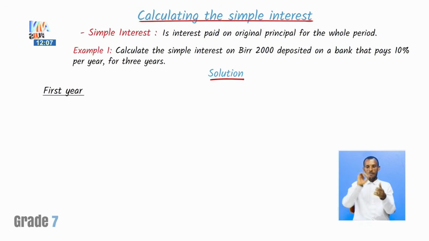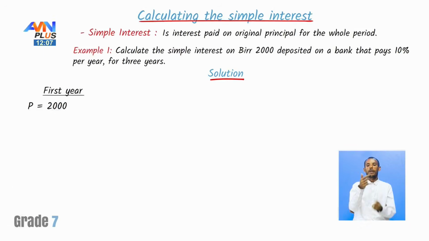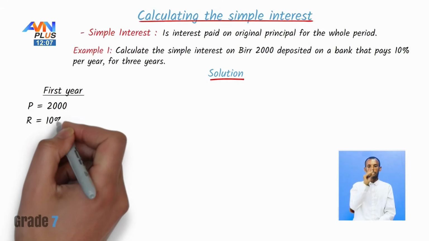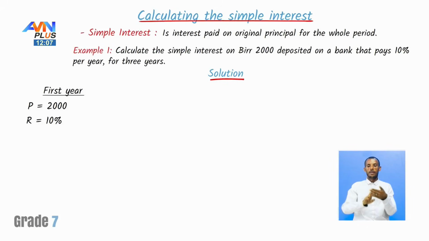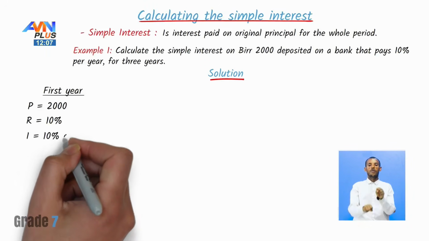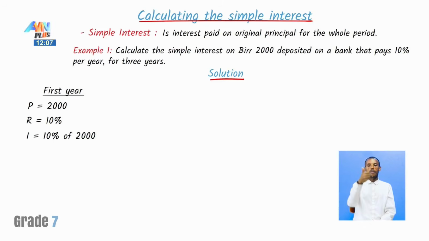First year. On the first year, the money deposited here is 2,000. And the interest rate is 10%. So, the first year interest will be 10% of 2,000.